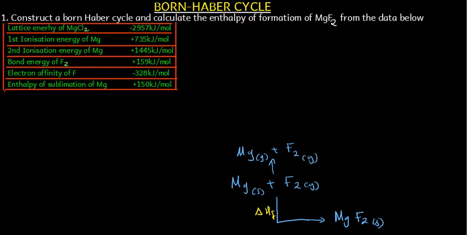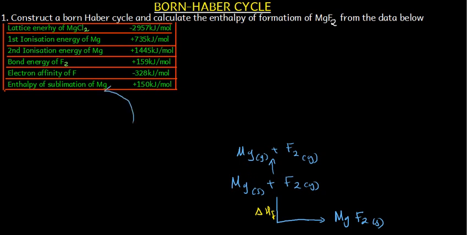Now this energy which is required to convert magnesium, which is a solid, into magnesium, which is a gas, is called the heat of sublimation or enthalpy of sublimation. Sometimes it's also referred to as the enthalpy of atomization, the heat required to form gaseous atoms. Whatever name it can be given, it depends on what you've been given.